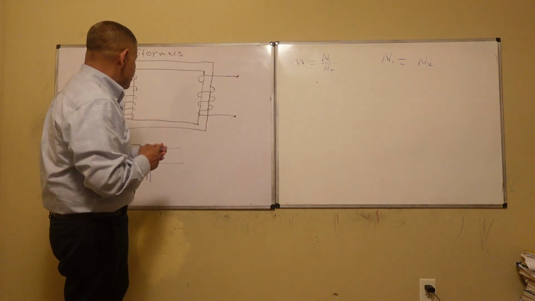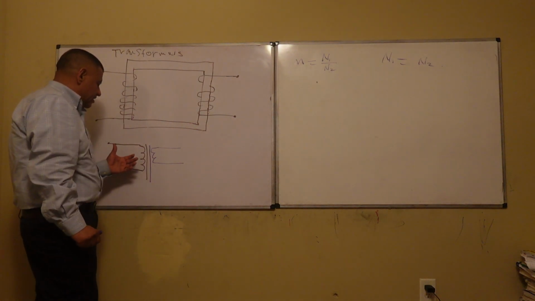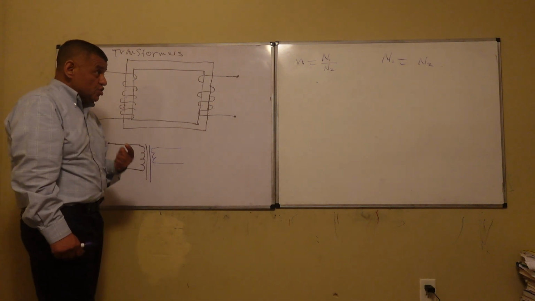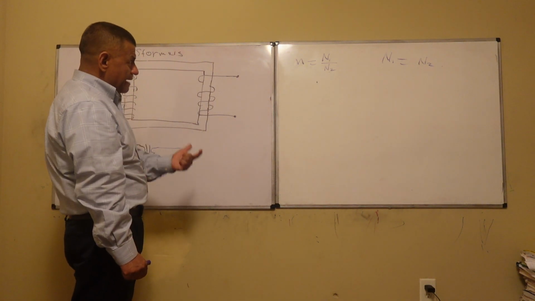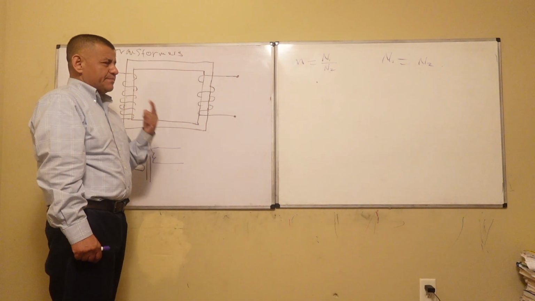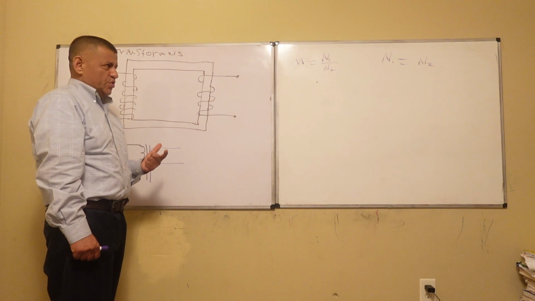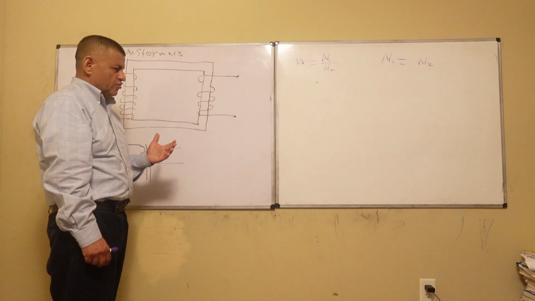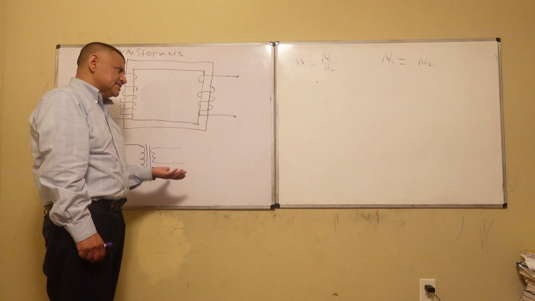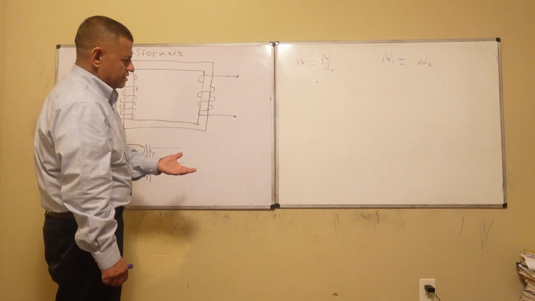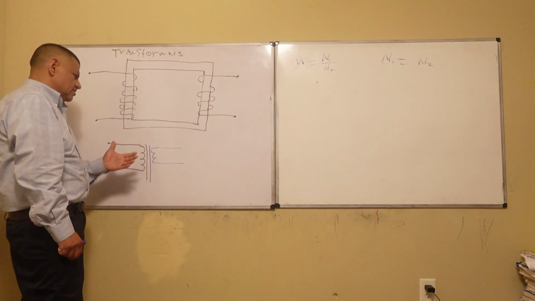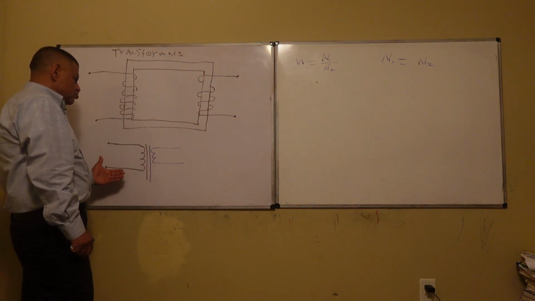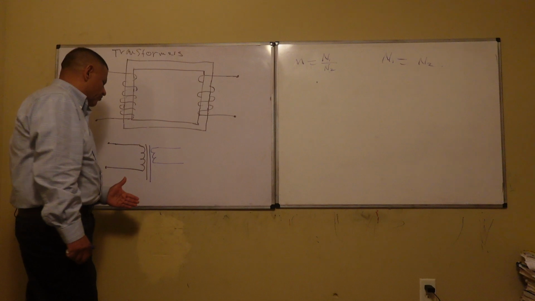In order to have a transformer, you only have two types, which is a step-up transformer or a step-down transformer. Of course, when I say type, I mean functionality-wise. But you also have a delta and a Y-type transformer. So the two types of function are the step-up transformer and the step-down transformer, right?